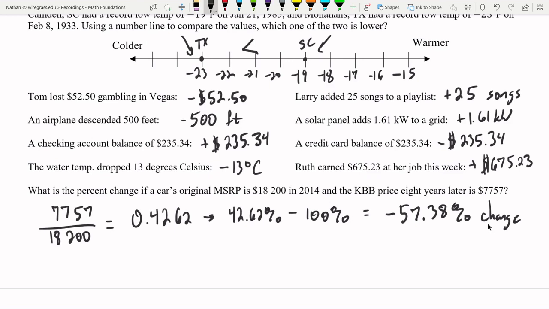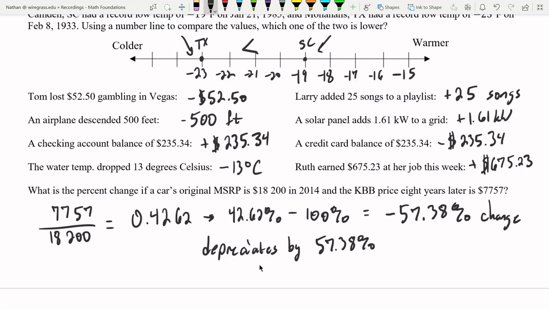And so what this means is that you can either think of this as a negative 57.38% change, or the car depreciates by 57.38%. The negative in this case is in the word depreciation. That means it's going down in value.